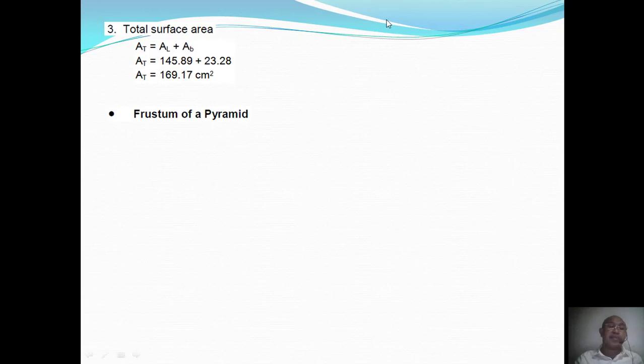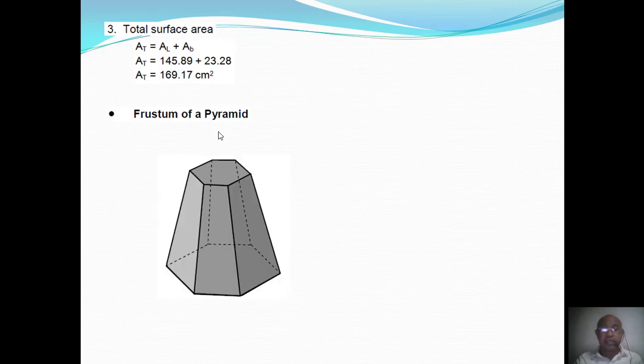Okay, we have the solid which we call the frustum of a pyramid. So the frustum is the part remaining when you cut the pyramid, removing the part containing the vertex. So the remaining part is this. So we call it the frustum of a pyramid.